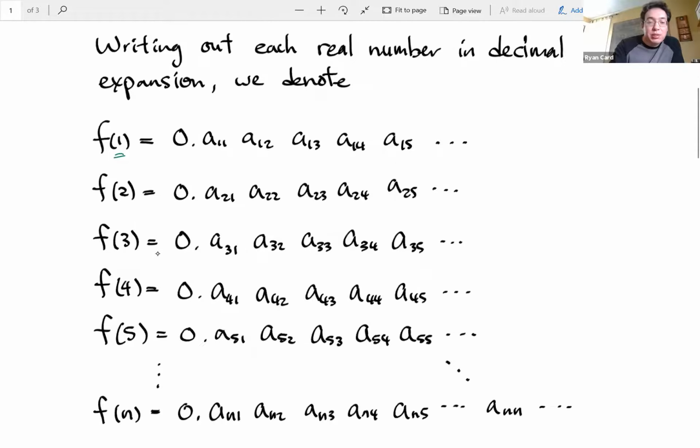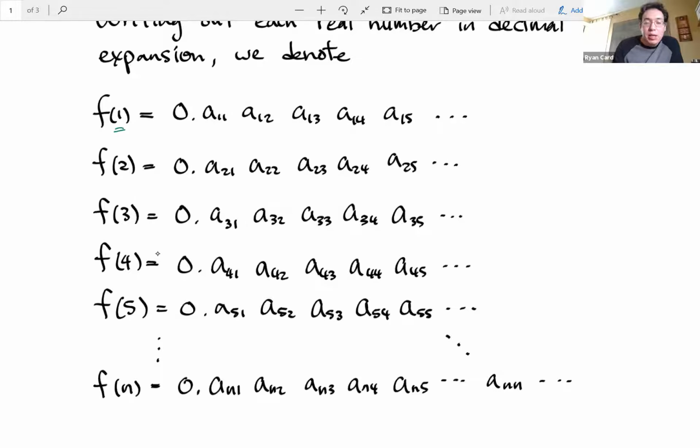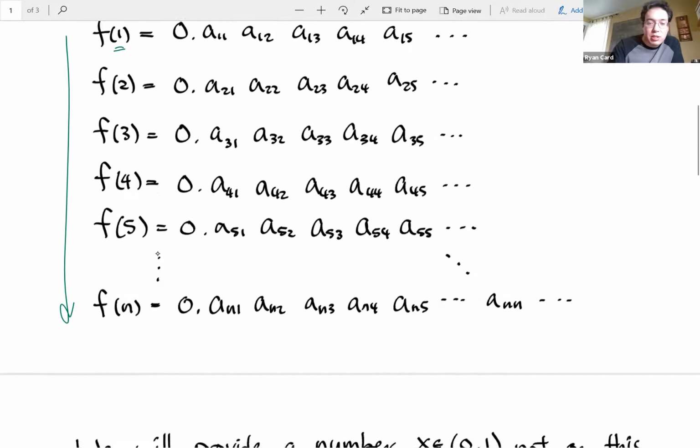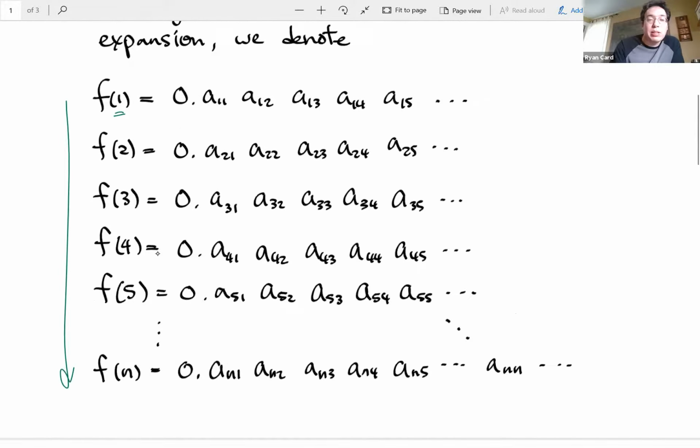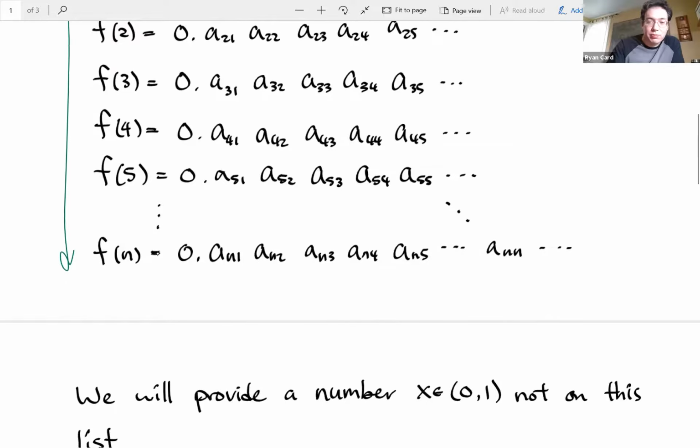And what we could do is show that this function is not surjective if I could come up with a number between 0 and 1 that is nowhere on this infinite list of numbers. So I could come up with a number using the list F that we see above here.